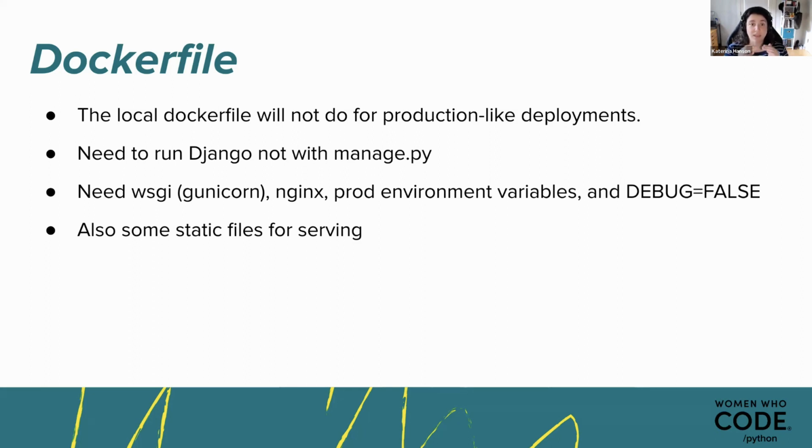And then Nginx. You also need to start worrying about production environment variables. And of course, you have to set debug equal to false. There are warnings all over Django about not running this in production with true. And then there are some static files for serving. It is an API, so you'd think there wouldn't be many static files, but I ended up with some anyway, so may as well set those up now.